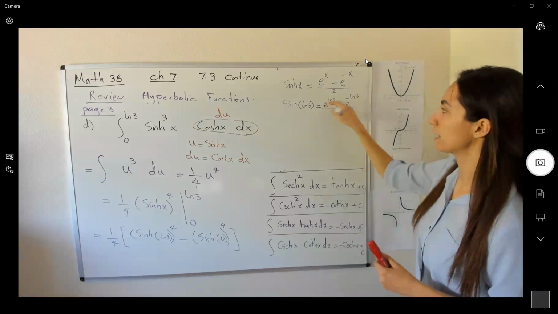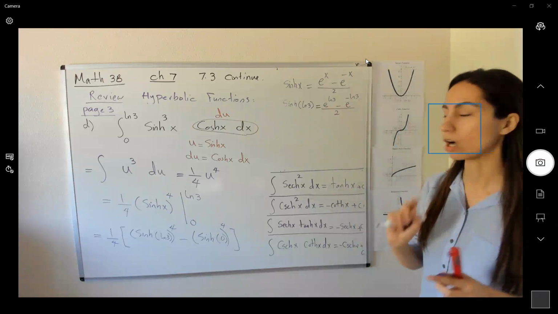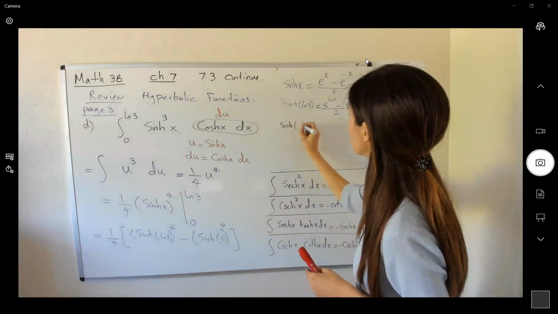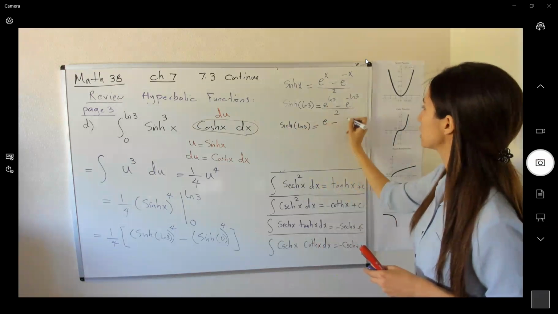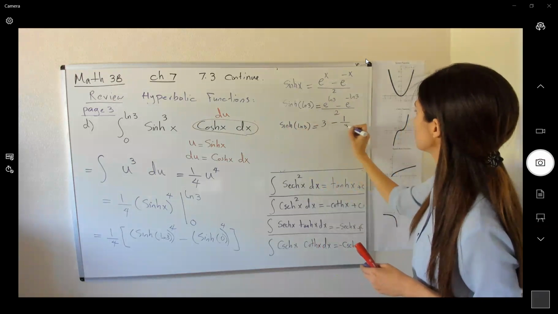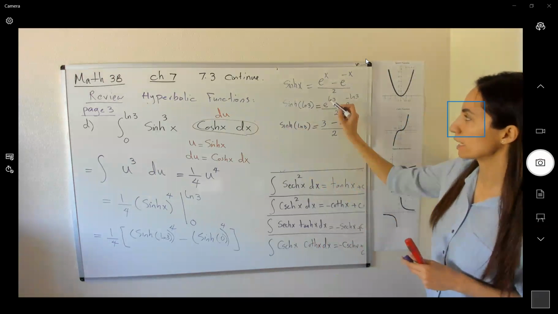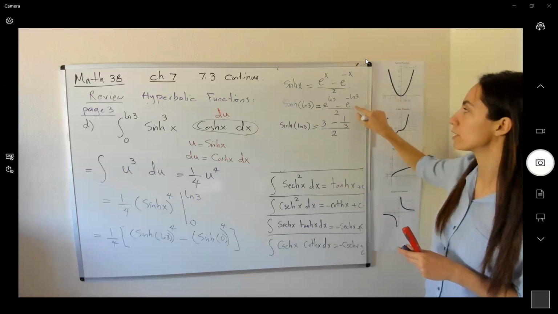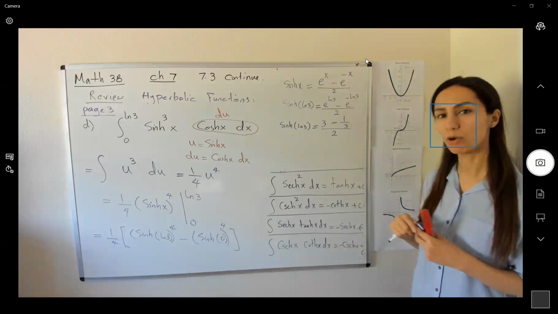Remember that e and ln are inverses of each other, so the composition is the identity function. So we get 3 minus a third, divided by 2. If you flip this, you get 1 over e to ln of 3, you can cancel out e and ln, and you get 1 over 3.